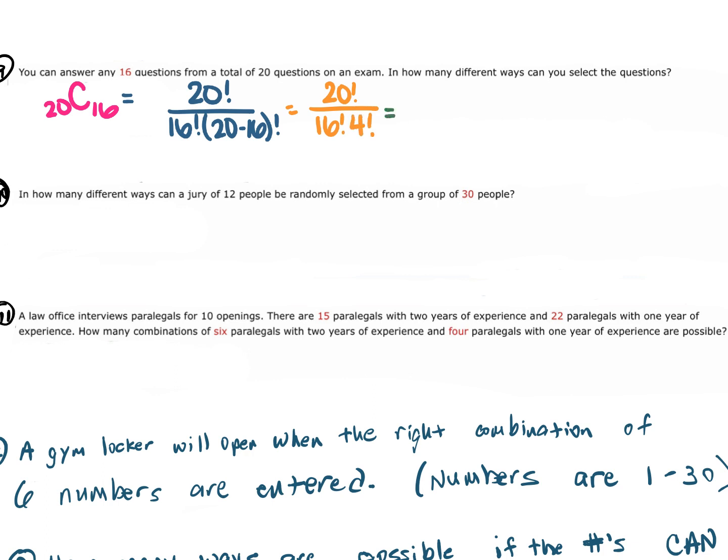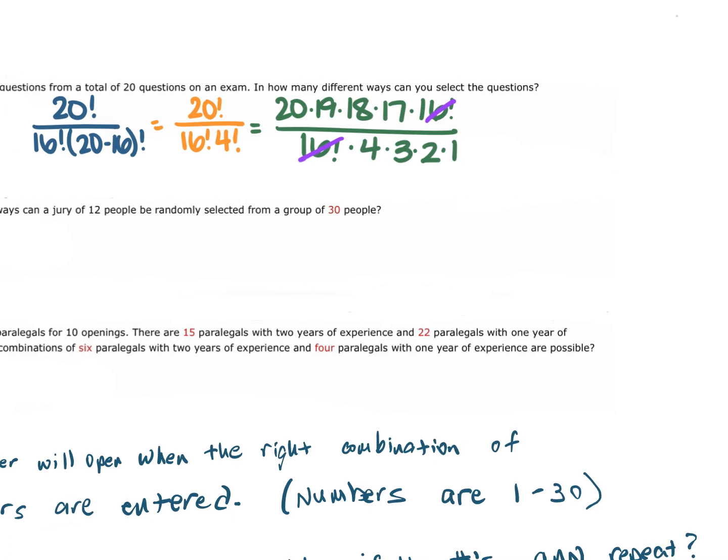That 20 factorial is 20 times 19 times 18 times 17 times 16 factorial, because we have the 16 factorial on the bottom. And that 4 factorial is 4 times 3 times 2 times 1. Your 16 factorial cancels out on the top and the bottom. So if you simplify this, plug it into your calculator, which you will need for tomorrow, and simplify, you get 4,845.